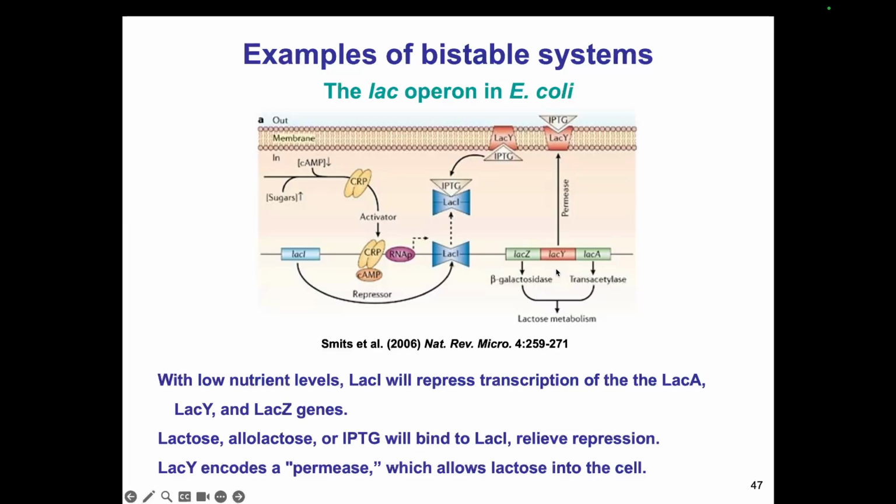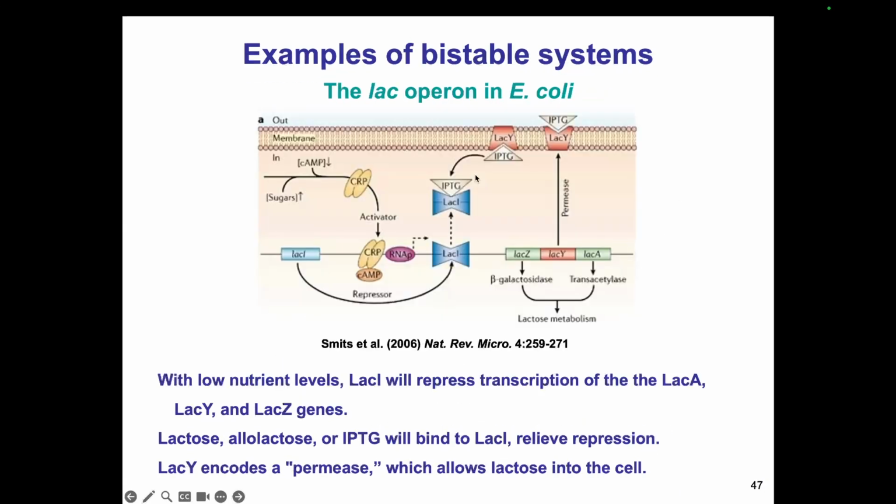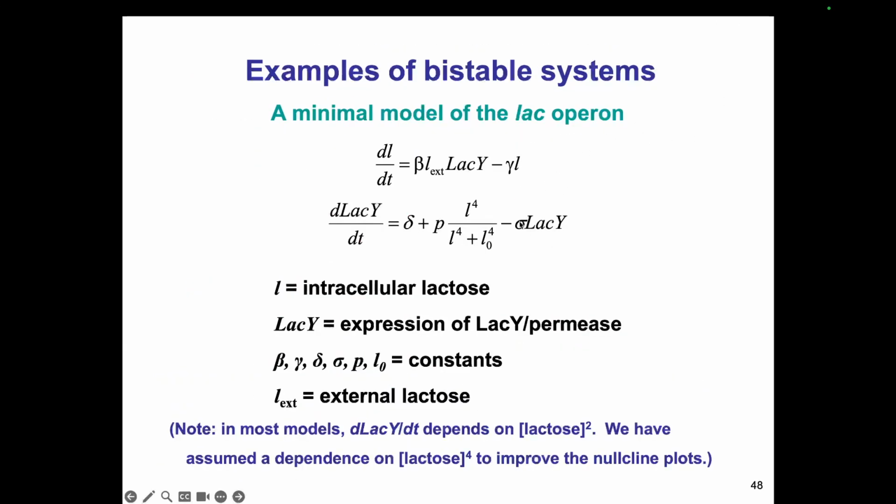The change in concentration or change in expression of this whole lac gene is dependent on LAC-Y, because LAC-Y will integrate this permease inside the cell. And it will also depend on L. So these are the equations that you can get out from this lac operon, where the different expressions are given.